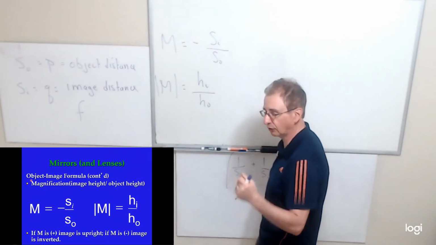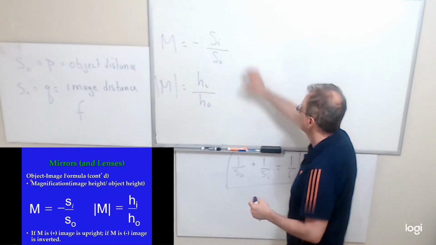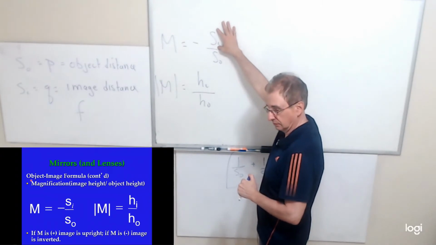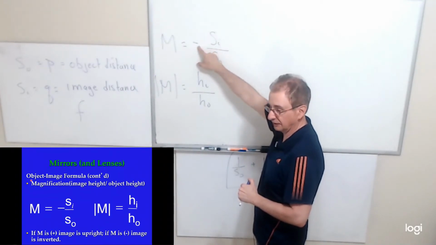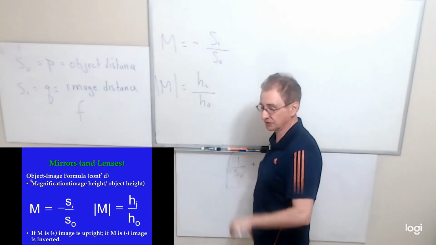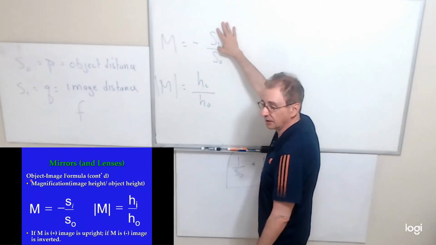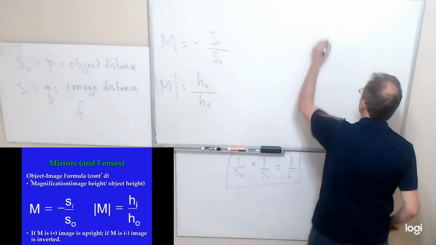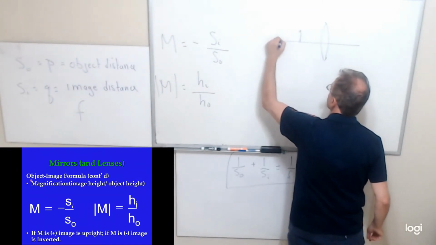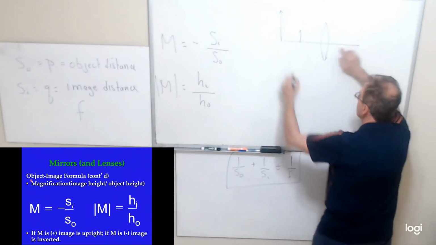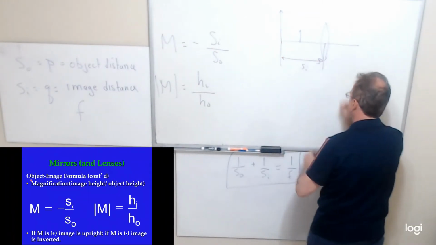But if you produce a virtual image, this is negative. And then a negative times a negative gives you a positive. That tells you that the image is right side up. So for a virtual image, SI is considered to be a negative number. Why? Well, if you have a lens, you have an object here and the image is over here and not on this side, we say that this distance is negative. Same thing with a mirror.